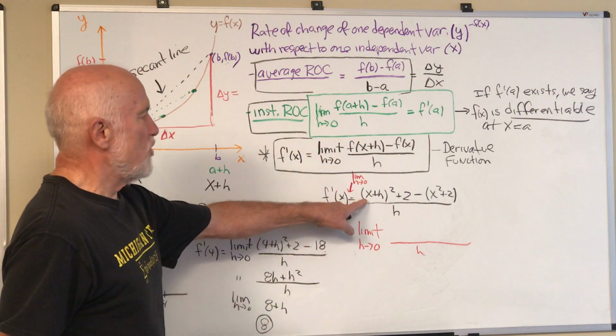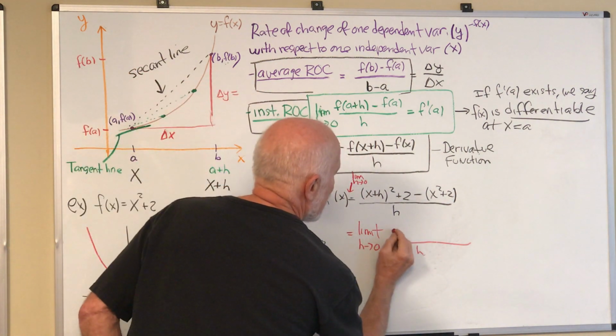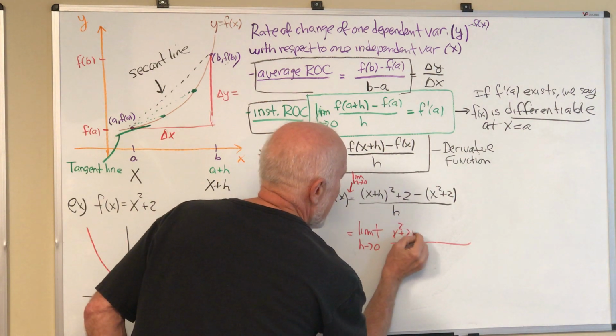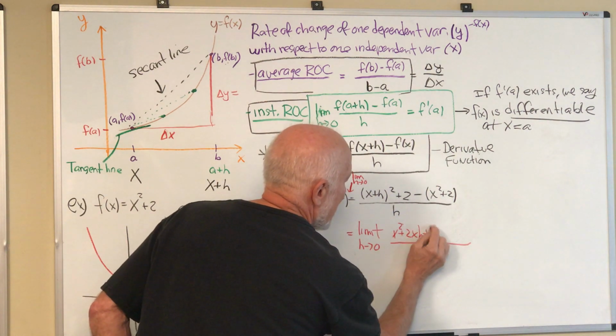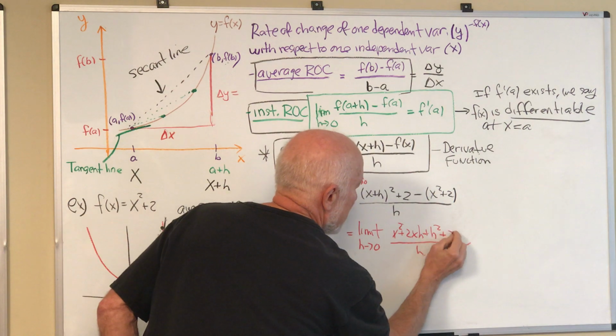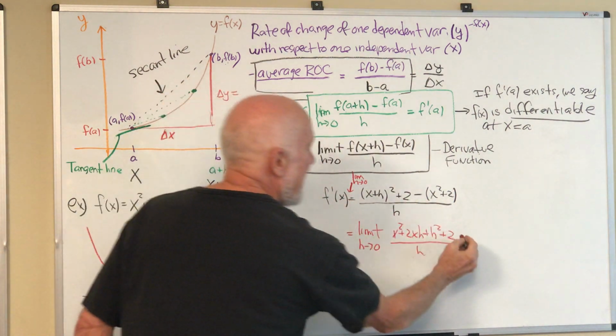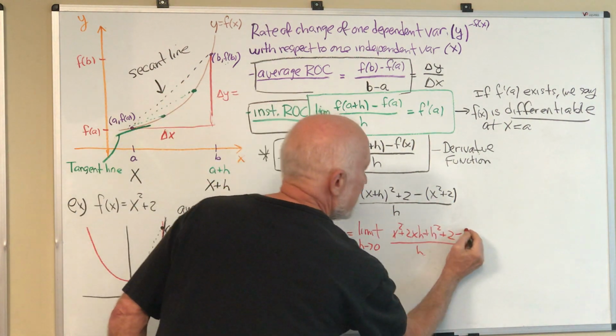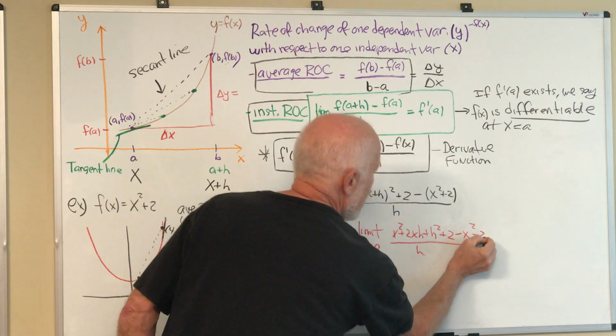And now I can just square this out. x squared plus 2xh plus h squared plus 2 minus x squared minus 2.